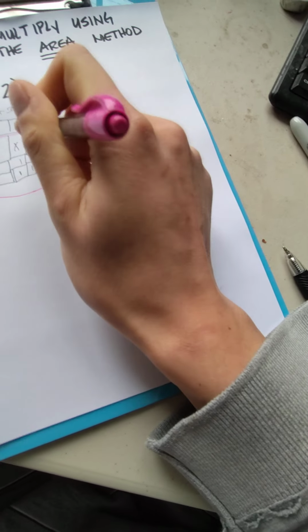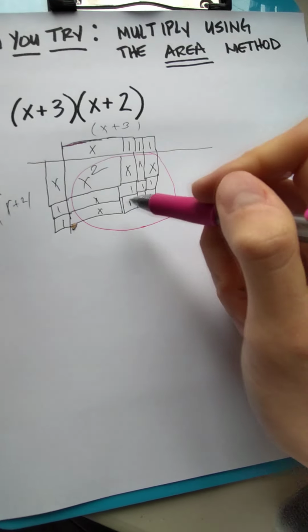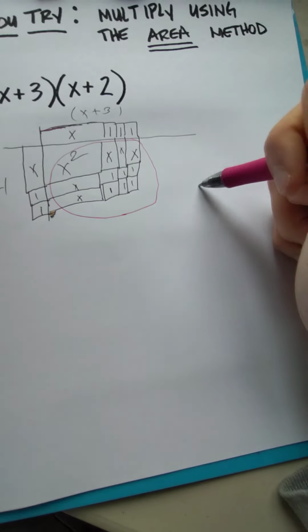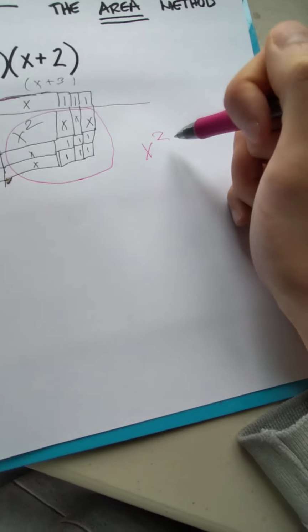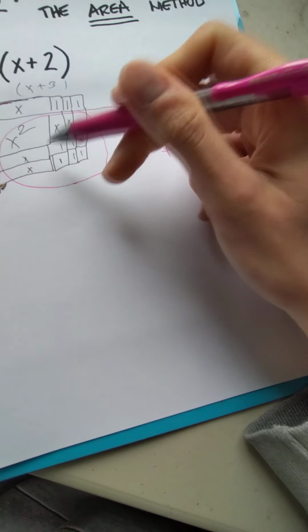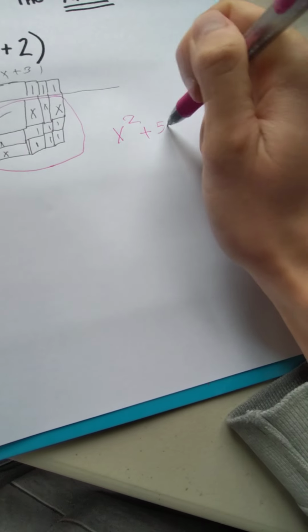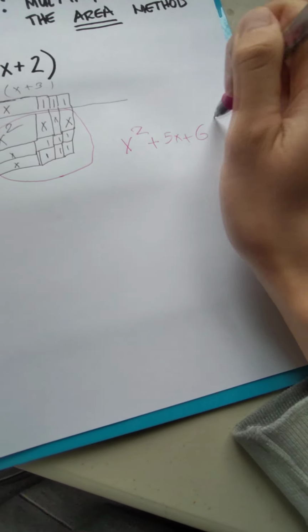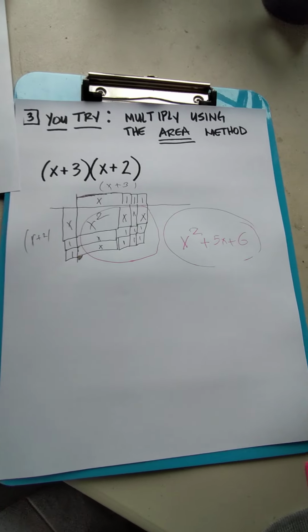Add up all these in here. So it's going to be x squared plus, there's 5 x's right here, and then plus 6 of these. So that's how you solve that one.